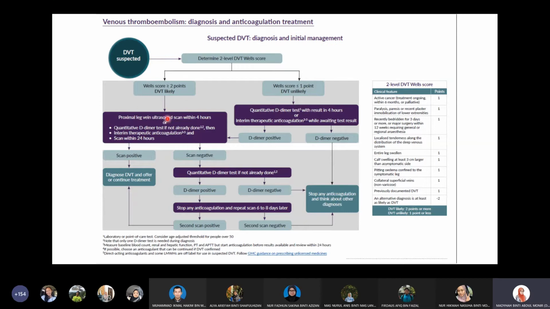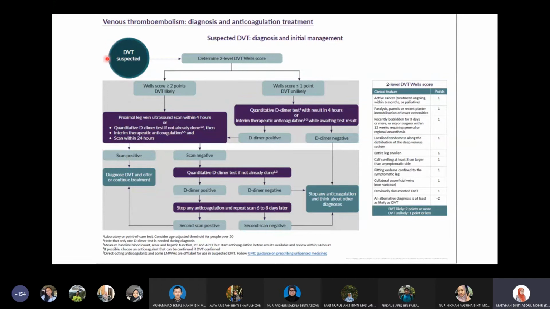Usually you can diagnose DVT using the scan. If the scan is positive, then you start the treatment. But if the scan is negative, you can repeat the other tests. No need to memorize this, I just want you to know that for the diagnosis of DVT, first you have to have clinical suspicion.